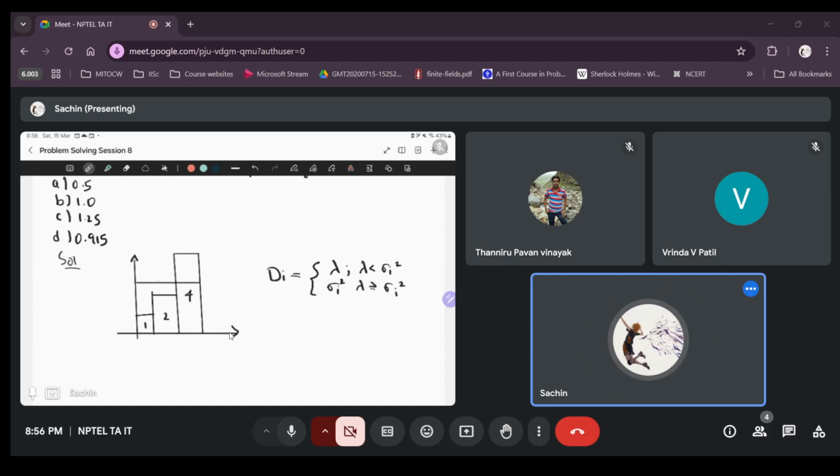But from the diagram, I have chosen lambda greater than 2, so lambda equals 1 is not possible. So lambda must have been lower. If I choose it somewhere here, then I get 1 plus 2 lambda is equal to 4, or 2 lambda is 3, lambda is 1.5, which is a feasible value.